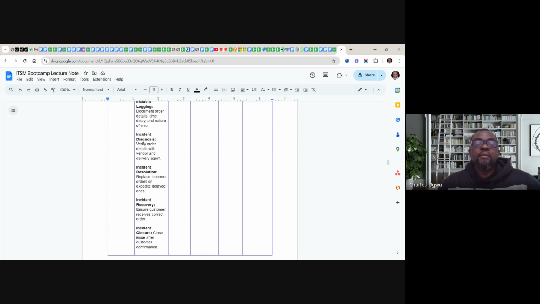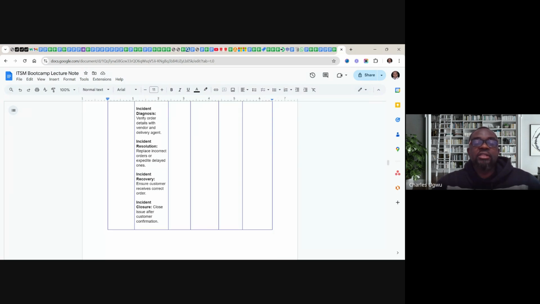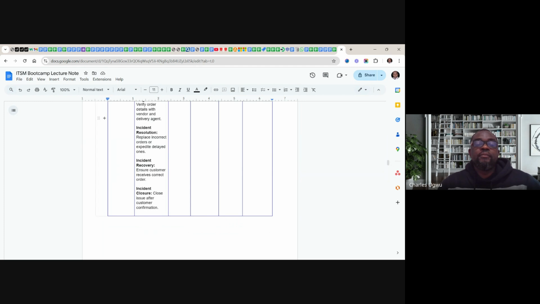Incident resolution can be replacing the incorrect order or expediting delivery. Recovery can be ensuring the customer receives the correct order, and once that is resolved, you close the incident.